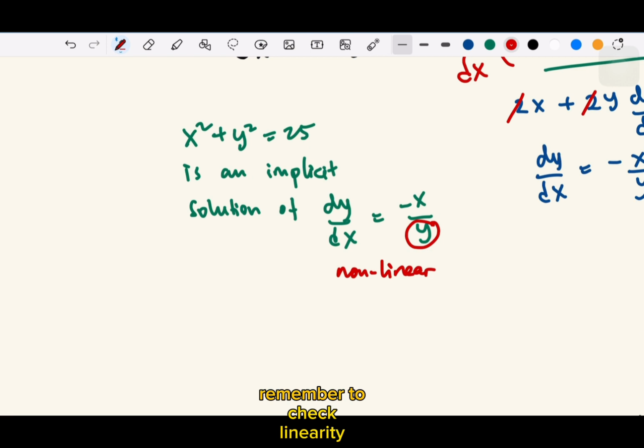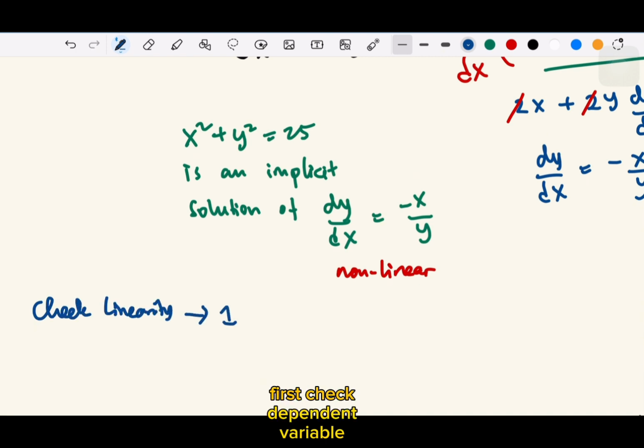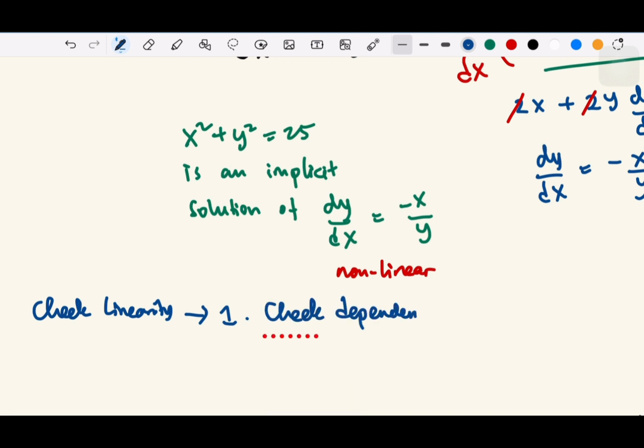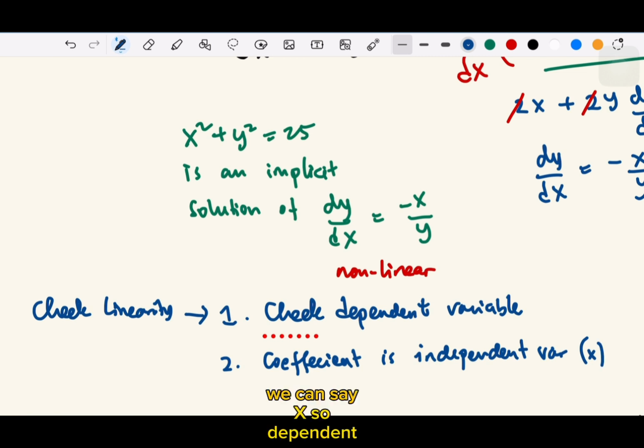Remember, to check linearity, let me write here. Check linearity. First, check the dependent variable. Second, make sure the coefficient is a function of the independent variable, or we can say x.